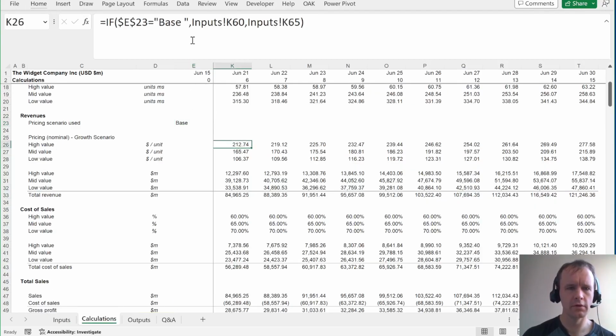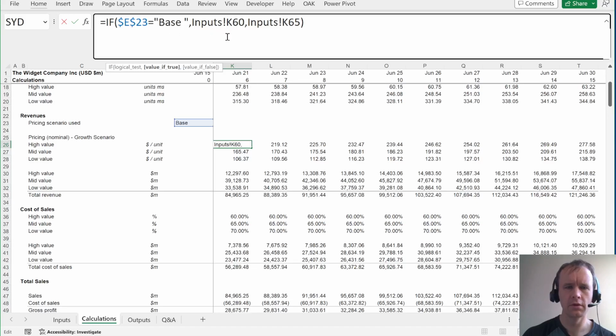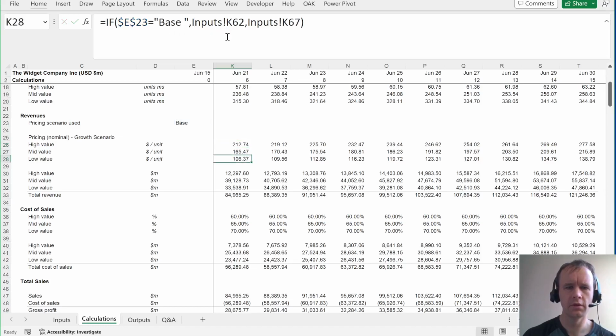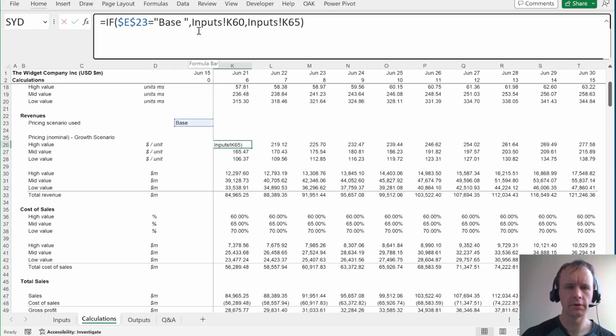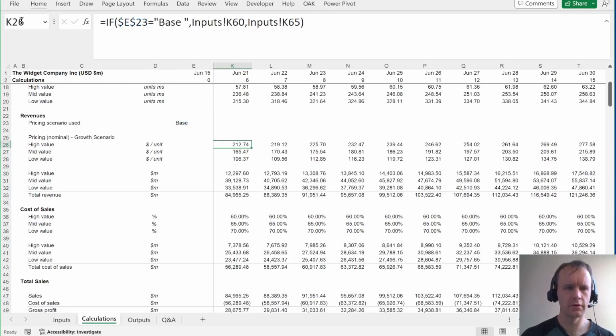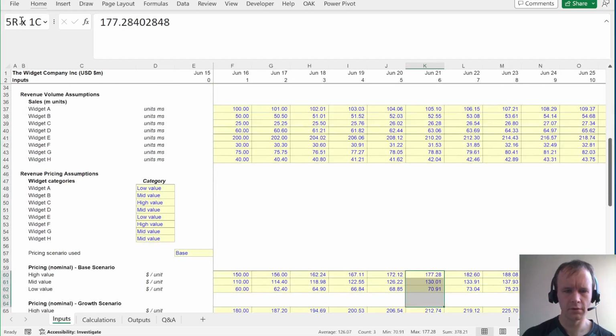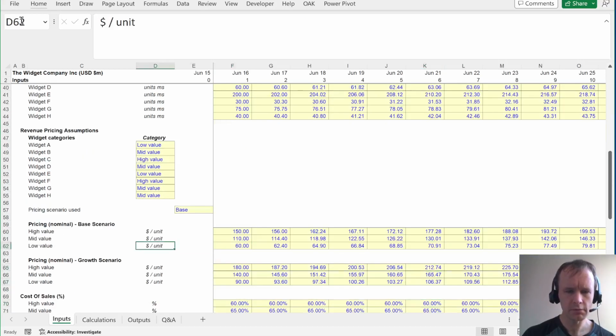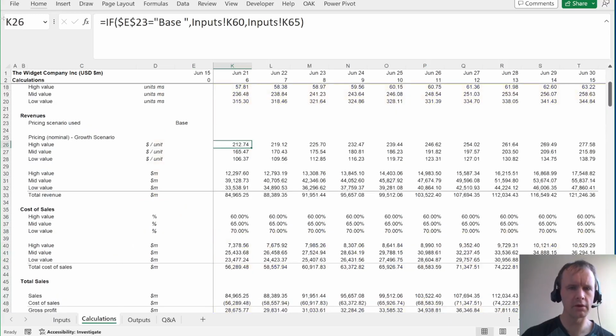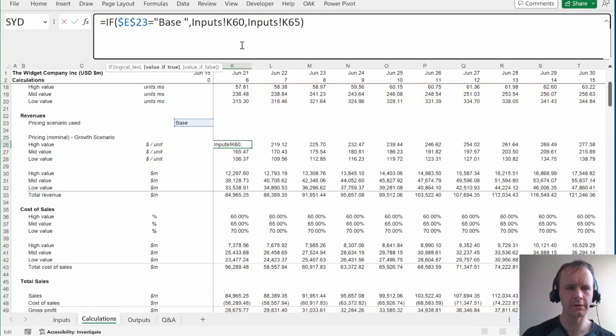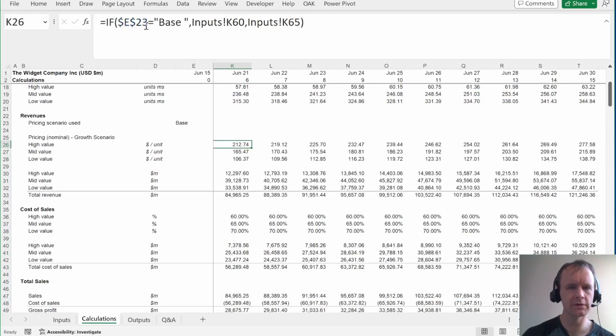So just see what these are. Okay, so we've got base scenario, high, mid, and low. Growth scenario, high, mid, and low.